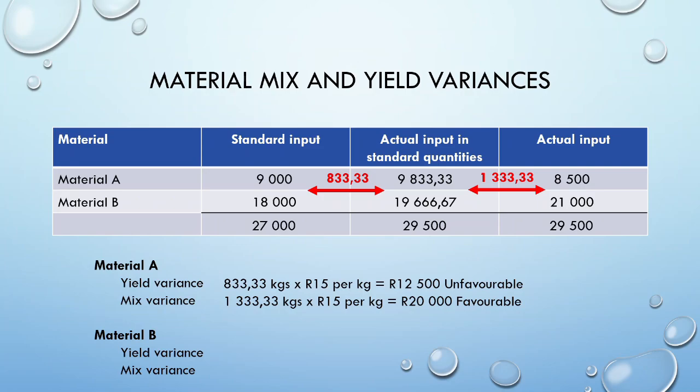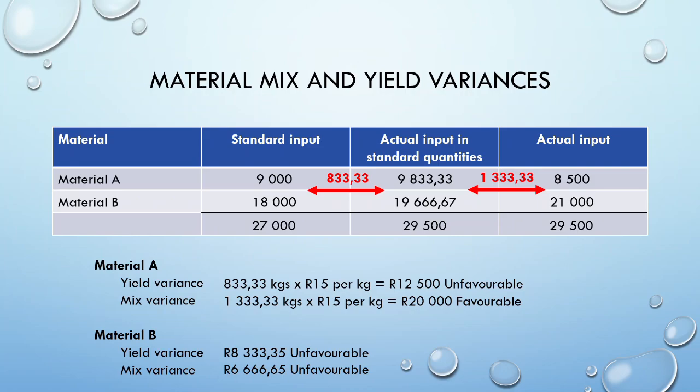Great! So for the yield we get 8,333 Rand and 35 cents unfavorable, and for the mix variance we get 6,666 Rand and 65 cents also unfavorable. Now something interesting to notice is that the yield variances will always work in the same direction.